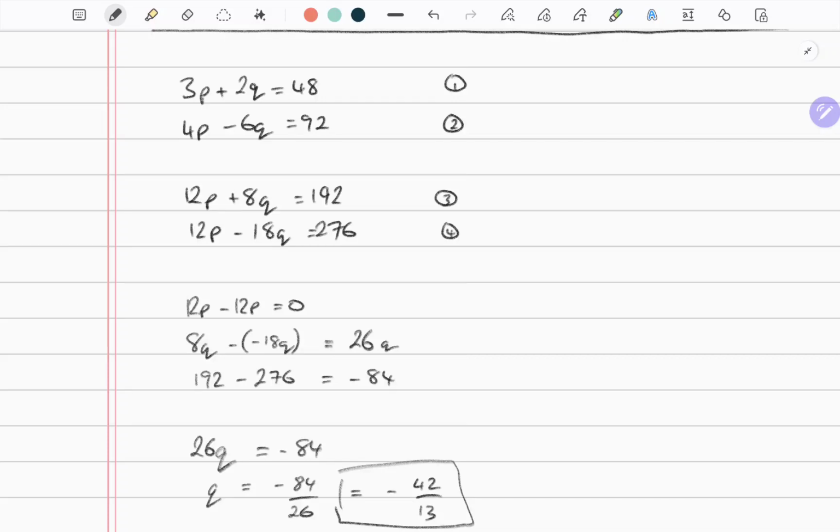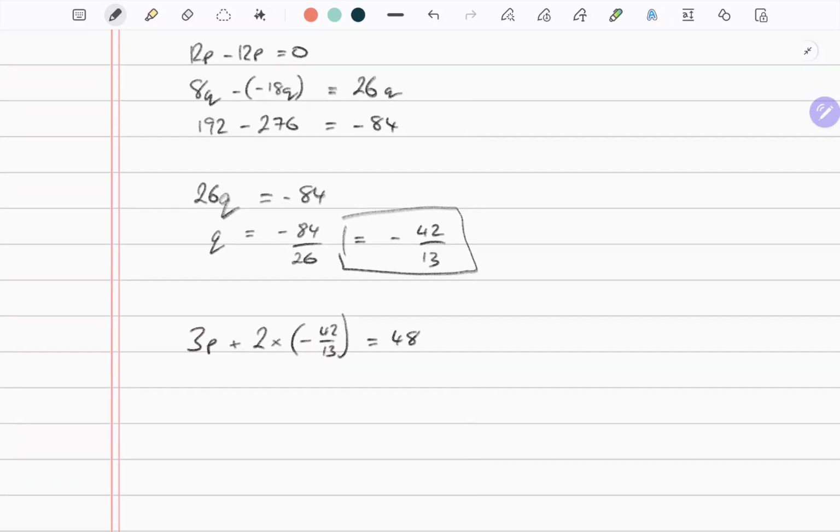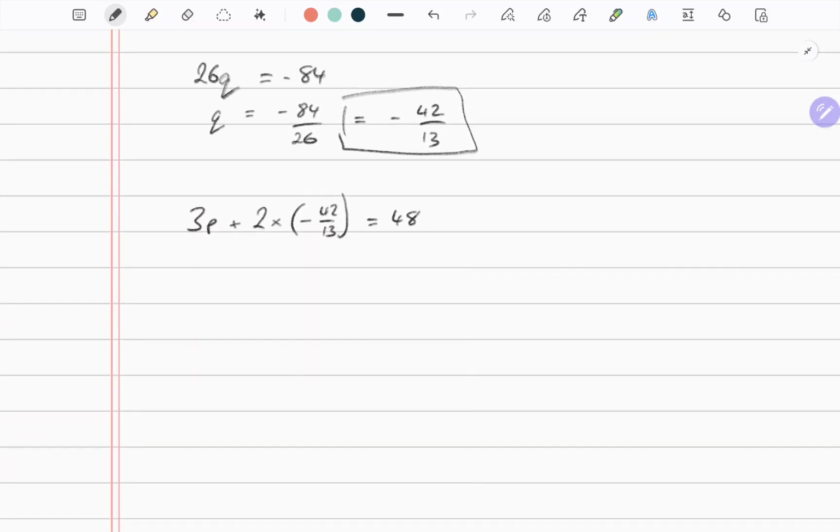So 3p plus 2q equals 48. We've got that value for q now. So let's run through and do this arithmetic. So we have 3p minus 84 over 13, because we multiply that value for q by 2, so that gives us minus 84 over 13 is equal to the 48.